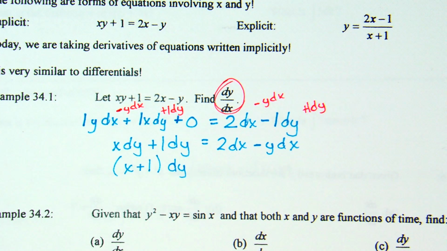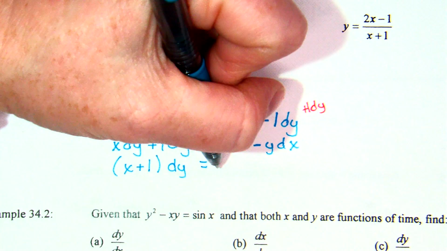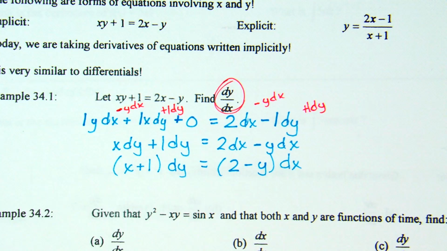On the right, what are we factoring out? A dx. So what remains when I factor out the dx? 2 minus y times your dx. Okay, remember my goal?